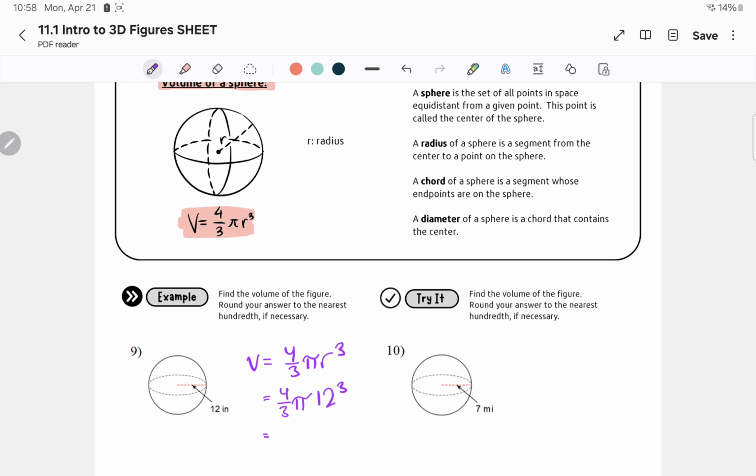So I'm going to do 4 times pi times 12 cubed, or you could do 12 times 12 times 12. So I did 4 times pi times 3 12s, and then I'm going to divide by 3 at the end.